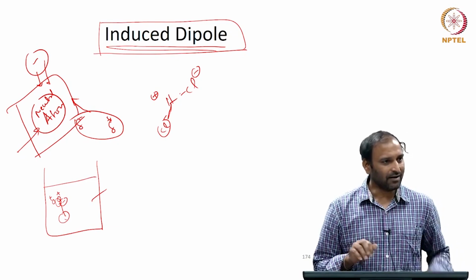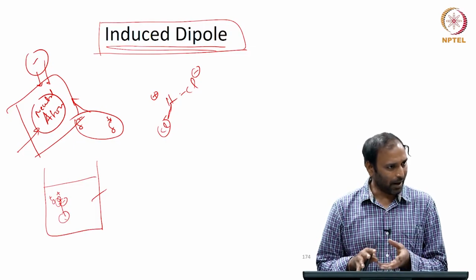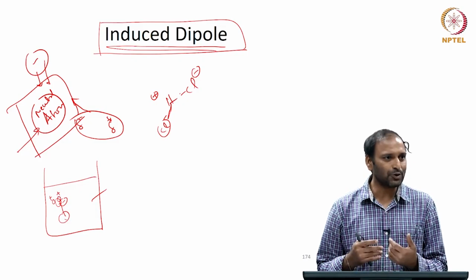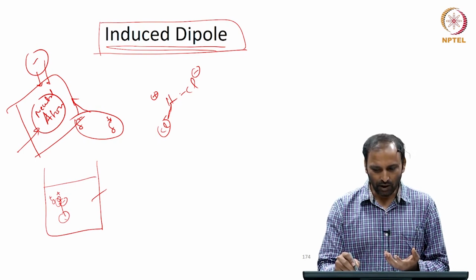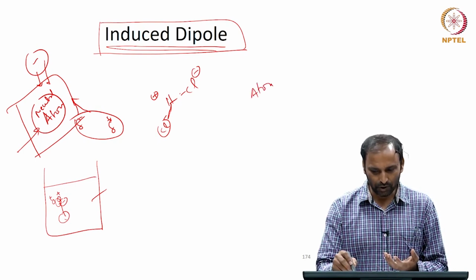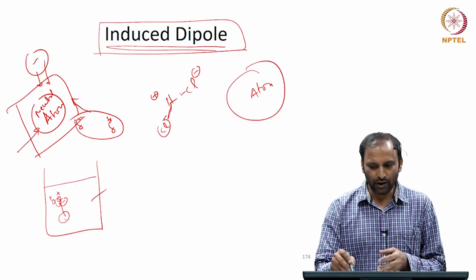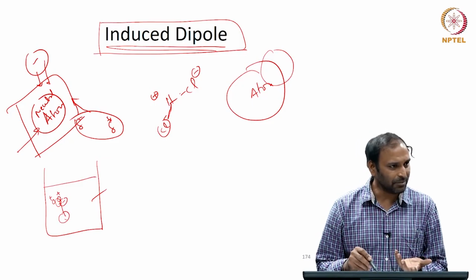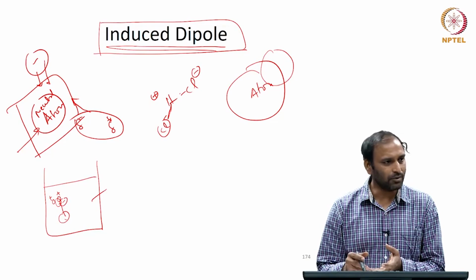Now, I said that because the electrons are not static, they are moving around, there is going to be a fluctuation in the electron density. That means even if I take a neutral atom or a molecule, some regions of the atom at a particular instant in time may have a higher density of electrons compared to other regions.